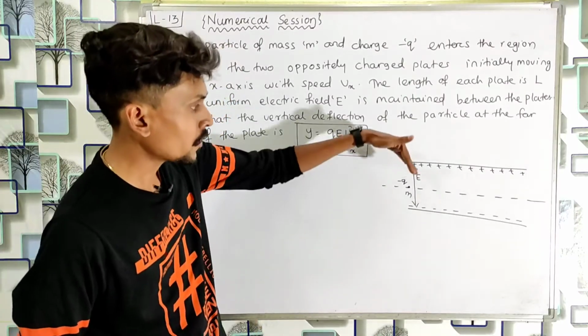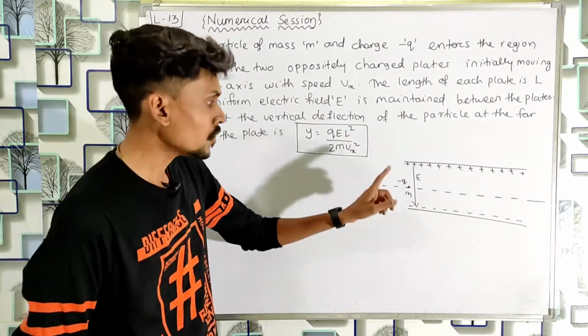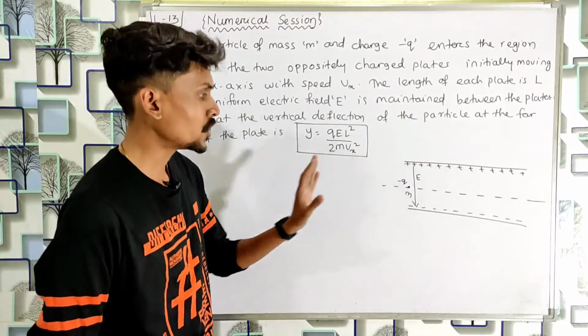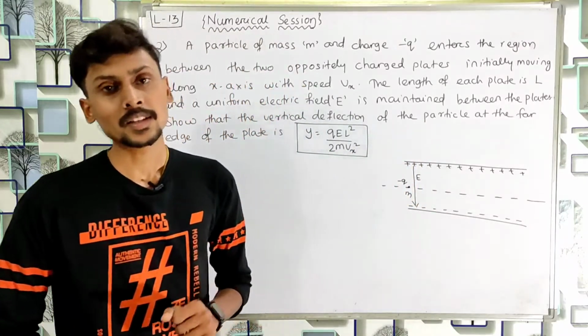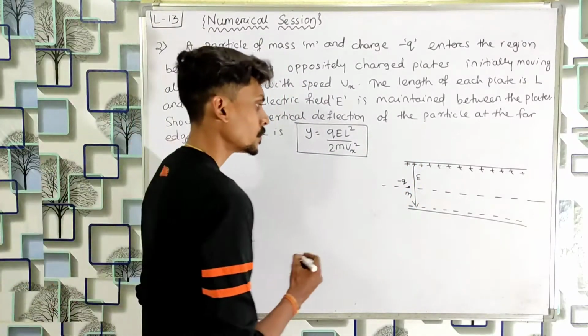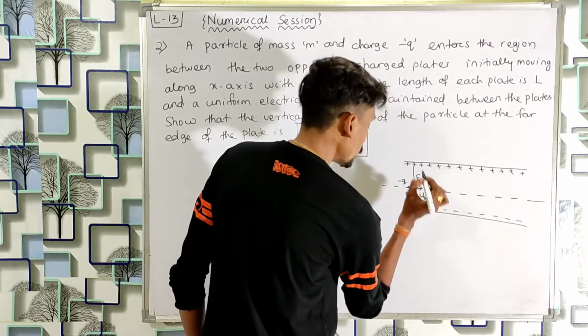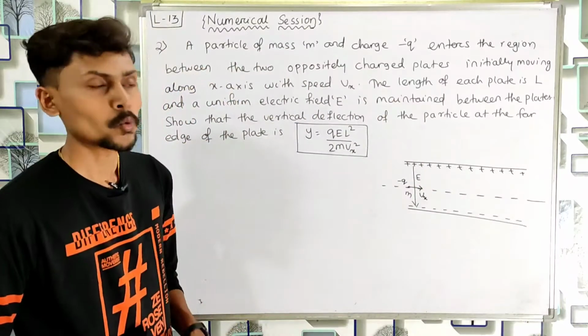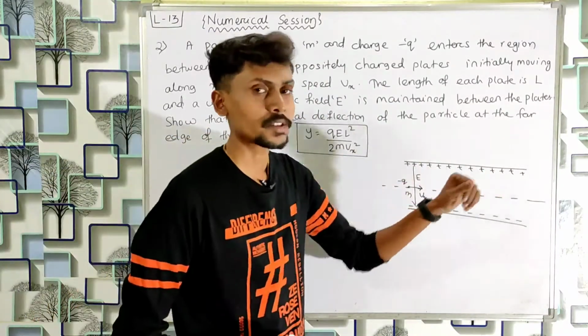Since the electric field is in the downward direction, the force on this negatively charged particle will be in the upward direction. Is that clear? But initially the speed of the charged particle was Vx and this Vx was along the x-axis.